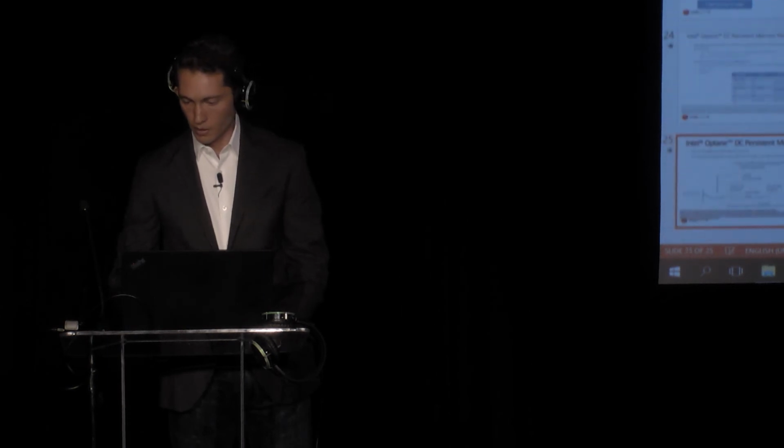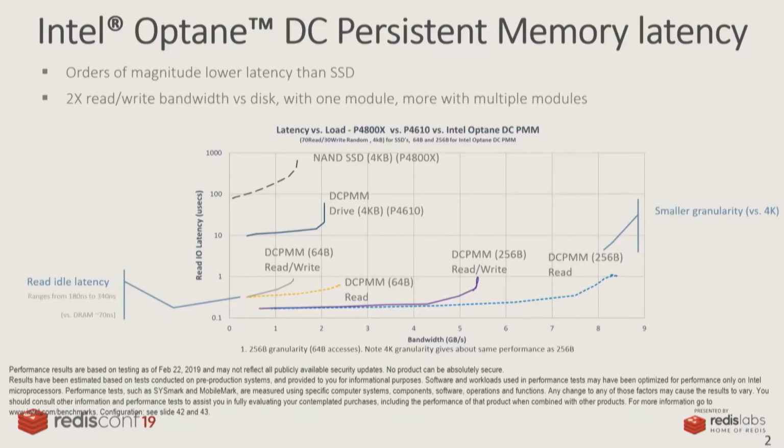So this slide shows your range for read latency will range from 180 to 340 nanoseconds for an idle read. Depending on the load of the system, the curve will change, and also depending on the read-write mix, the curve will change.